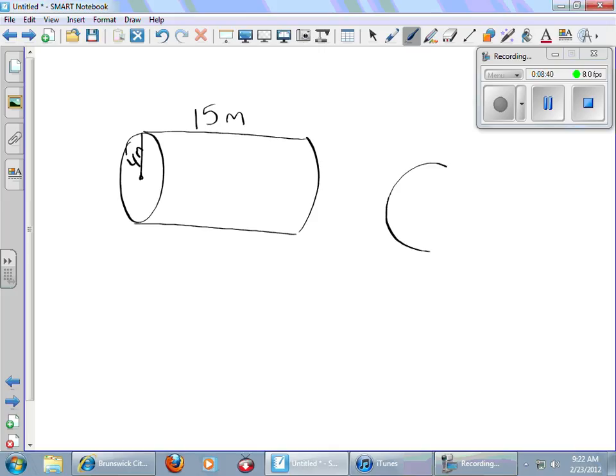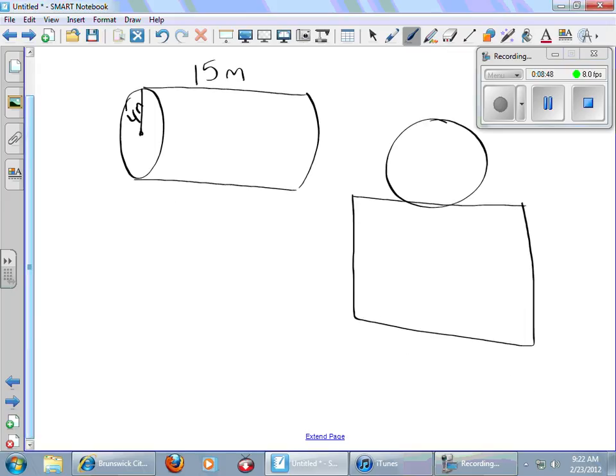First thing I'm going to do is draw my flat network for my cylinder. I know that I have a circle, a rectangle in disguise, and then another circle. I do know the radii of my circle, which is 4 meters, I believe, right? I know this would also be 4 meters. I know the height of the cylinder is 15 meters.